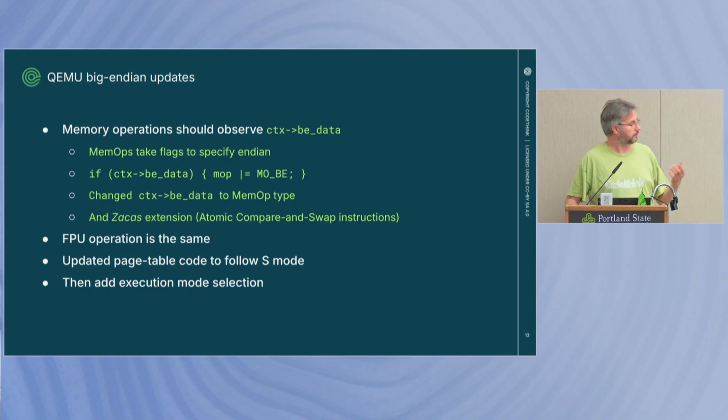So as you say, to get QEMU working, basically we have to go through all the memory operations, going, okay, we've got this new BE data flag to say we're in Big-endian. Thankfully, QEMU already knows how to deal with endianness in data, because it already supports things like PowerPC. I can talk about it here because I'm not in any RISC-V conference, but ARM has also been doing this for some time.